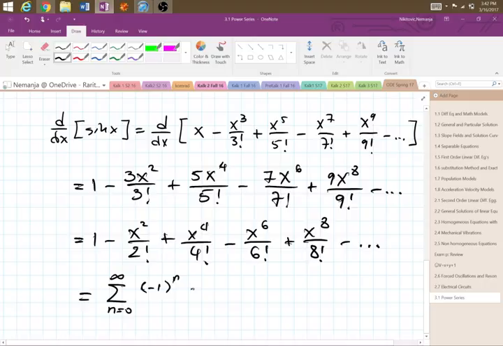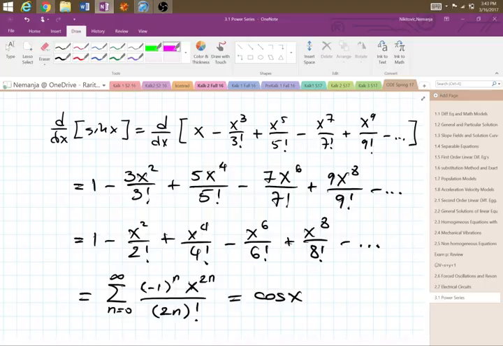And then I have x to the 2n, because all exponents are even, divided by the even factorial. Even numbers are 2n. So that is cosine x.